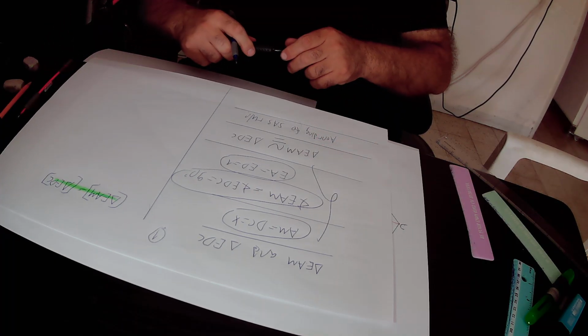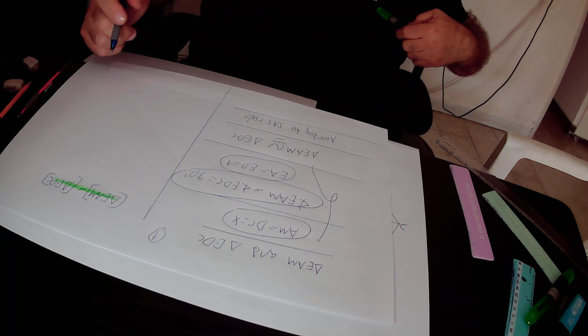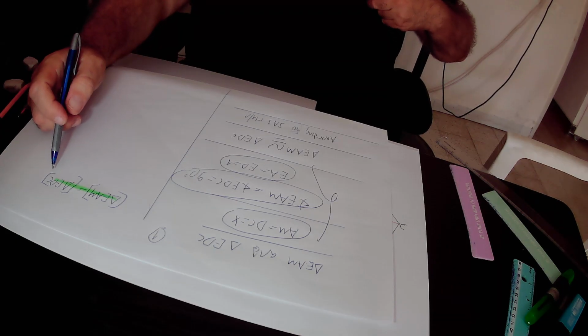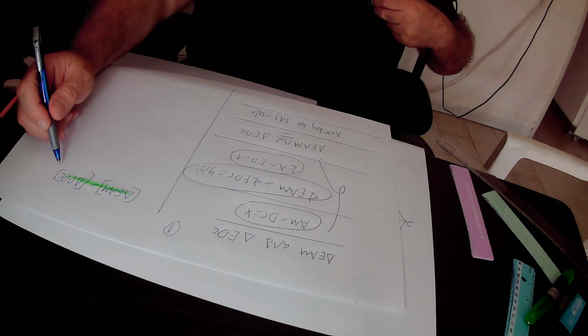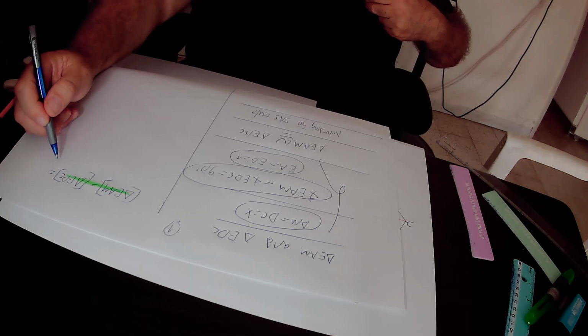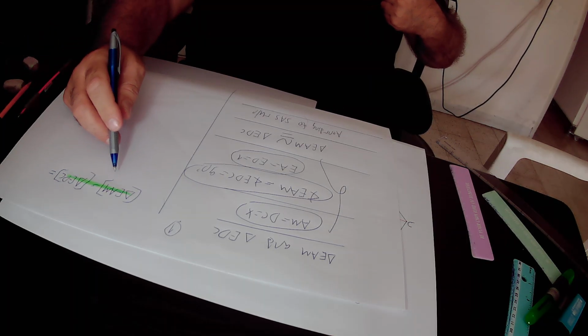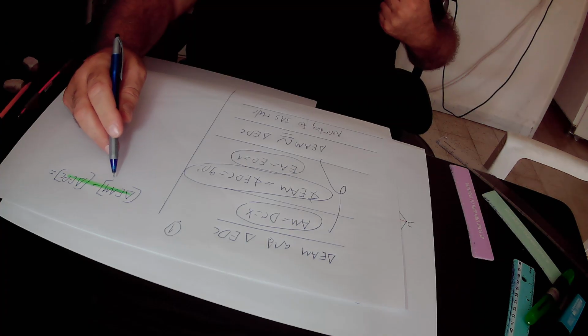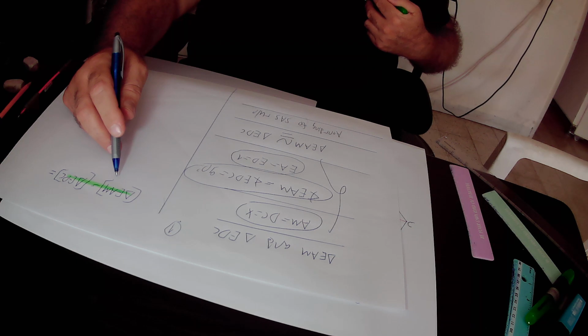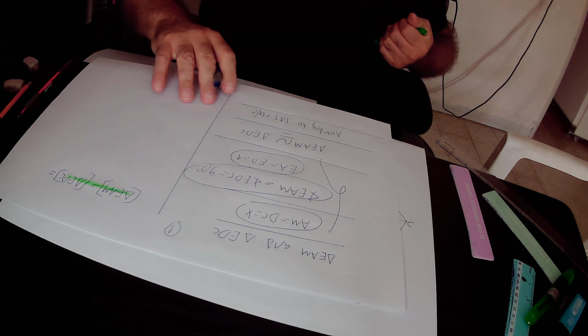So if we define the size of triangle EDC as Z, then the size of triangle EAM must also be equal to Z, because they are equal to each other and they have the same areas.